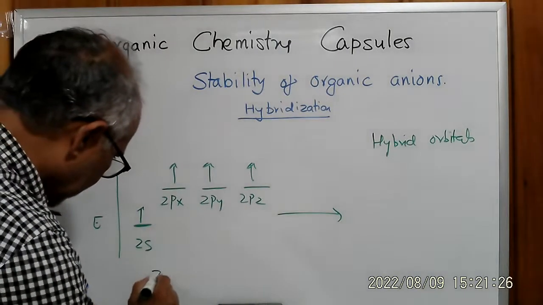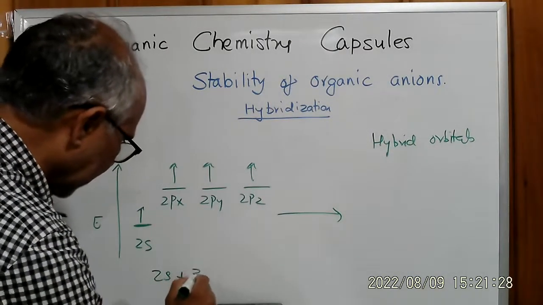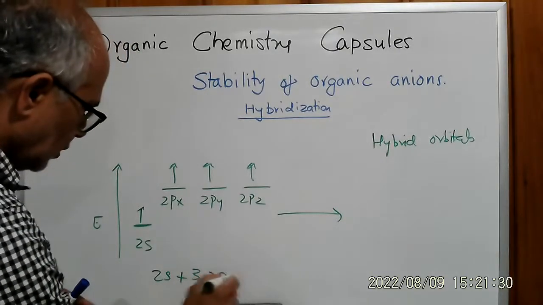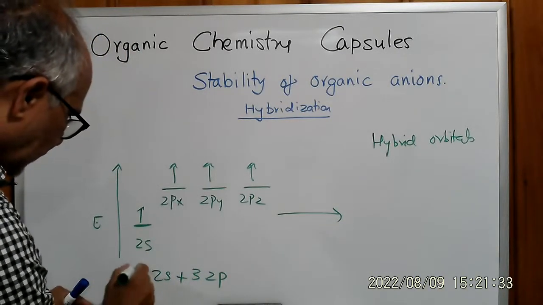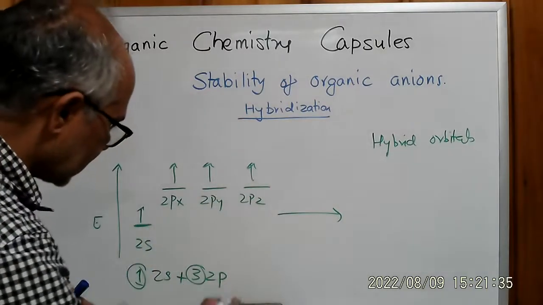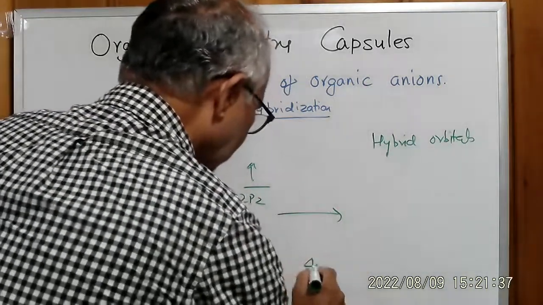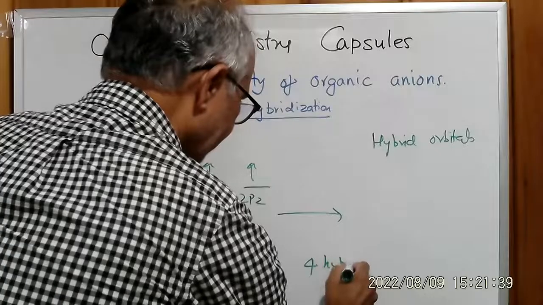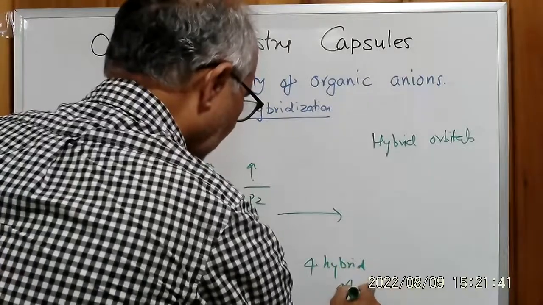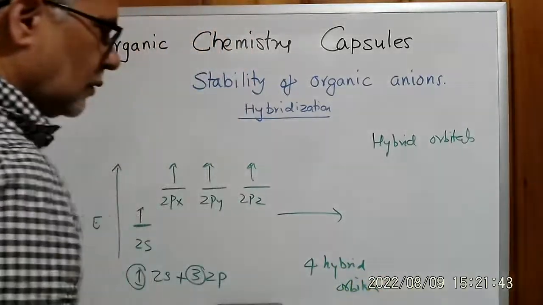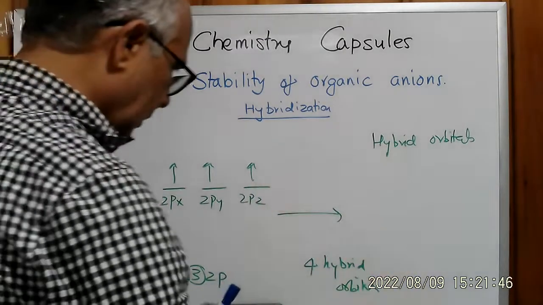So since the 2s plus 3 2p orbitals are combining, so 1 2s and 3 2p orbitals are combining, you get 4 hybrid orbitals, and all of them will have the same energy.